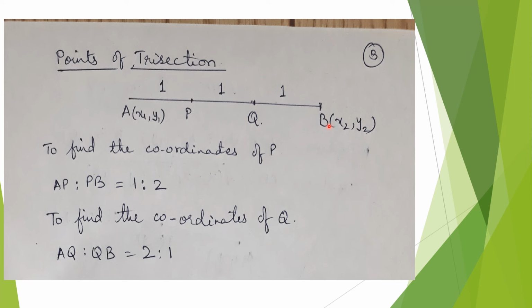So all 3 parts are equal sections. In order to find the coordinates of the point P over here, we will take AP is to PB to be equal to 1:2, and to find the coordinates of Q, we will write down AQ from here to here, AQ is to QB to be equal to 2:1.